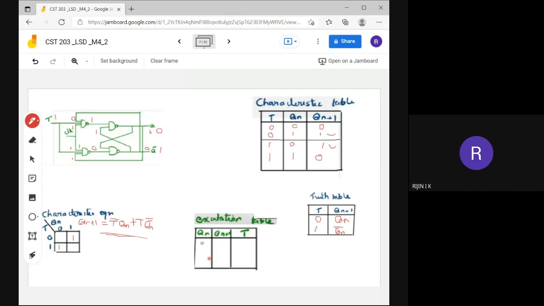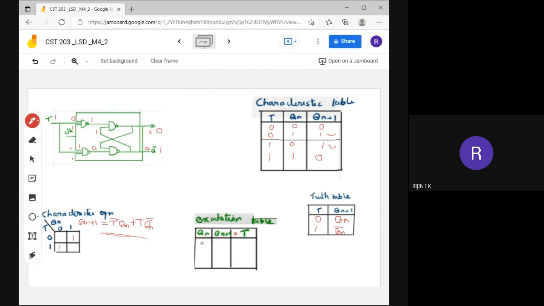Next we can draw the excitation table. For drawing the excitation table, the first column is Qn, the next column is Qn plus 1, and the last column is the input, that is T. So these are the three columns of our excitation table.